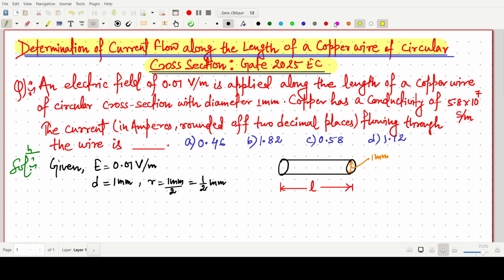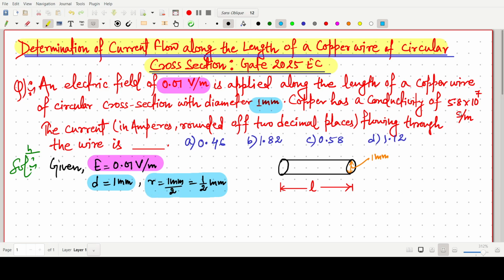So the first given thing is the electric field that we have written here. Then the copper wire's cross sectional diameter is given, 1 mm, so we can convert it into radius like this.